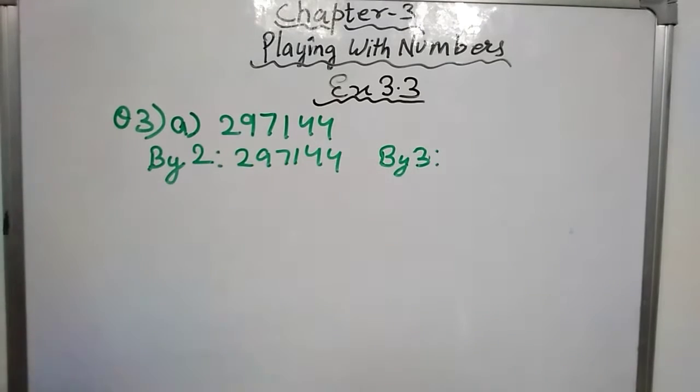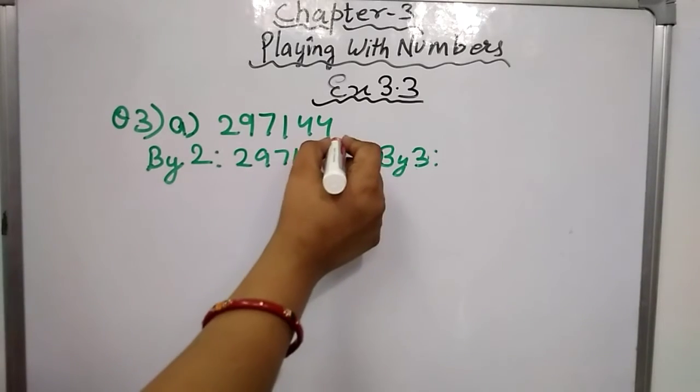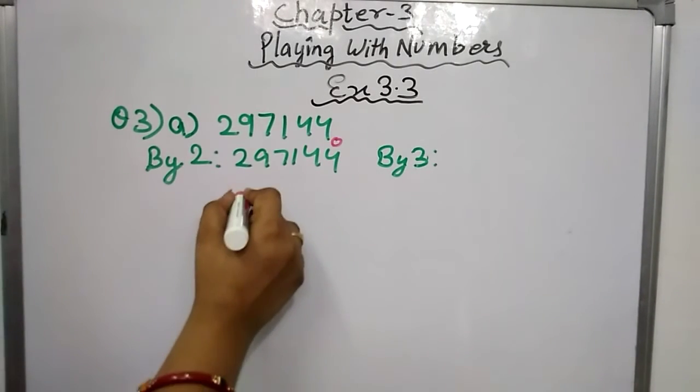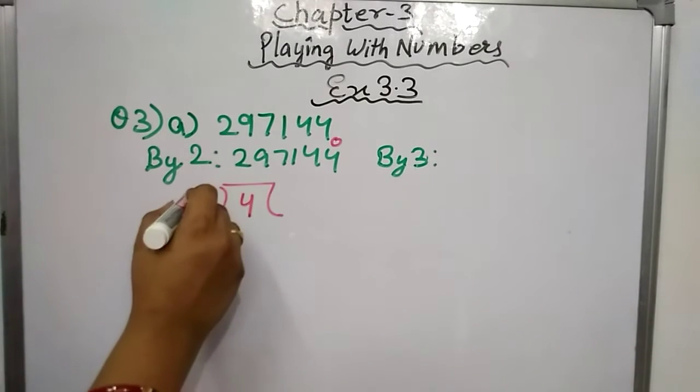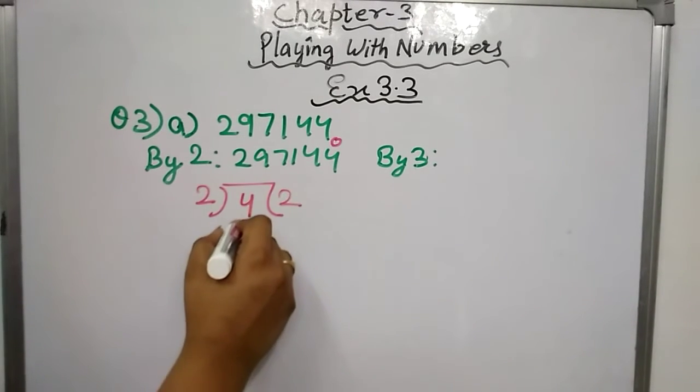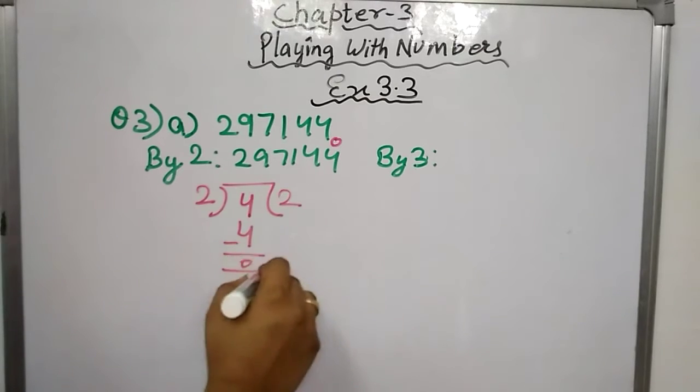Test of divisibility of 2 says to consider digit at ones place. This gives us a digit or number 4. Divide it with 2. We get quotient as 2 and remainder as 0.